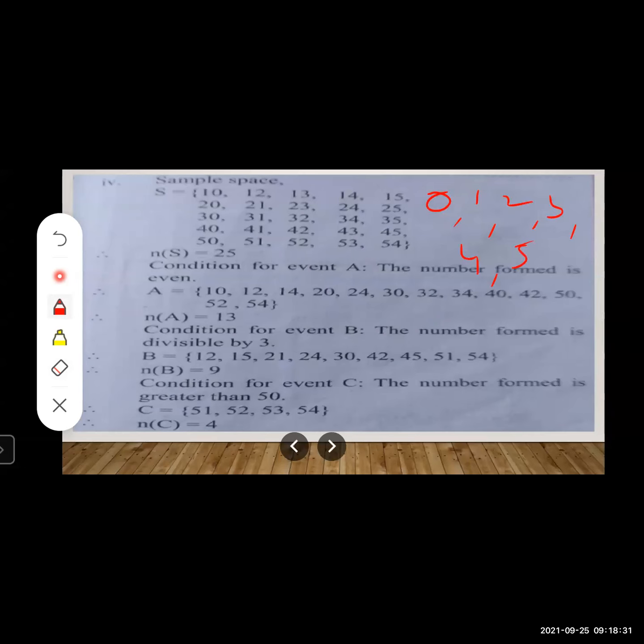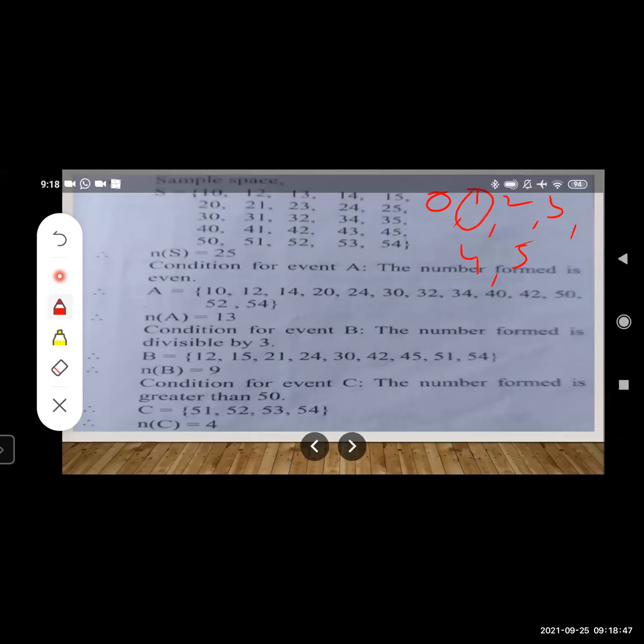First of all, see, 0 we can't take for forming a two-digit number. Afterwards, at the unit place we can take, right? But for the tens place, we can't take 0, right? So first of all, start with the number 1.